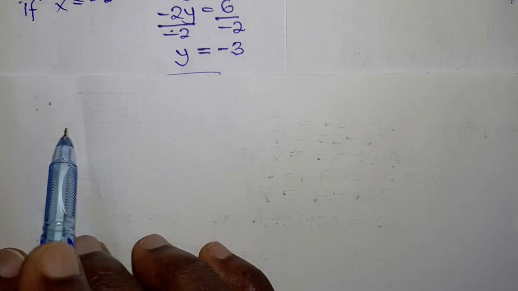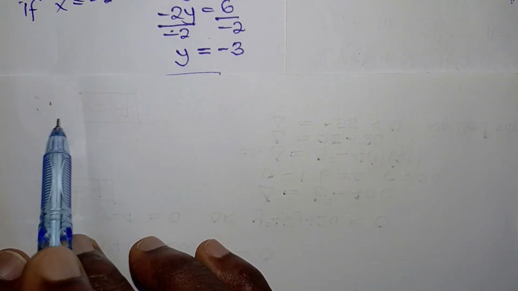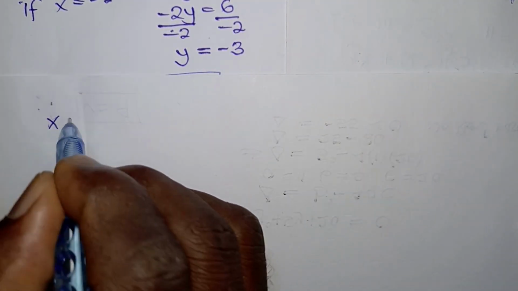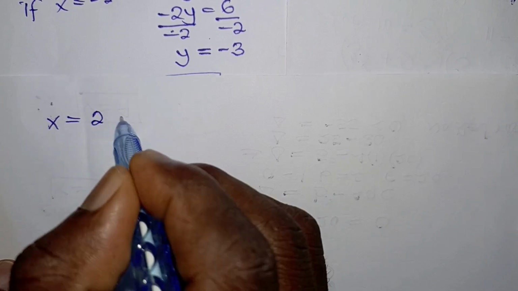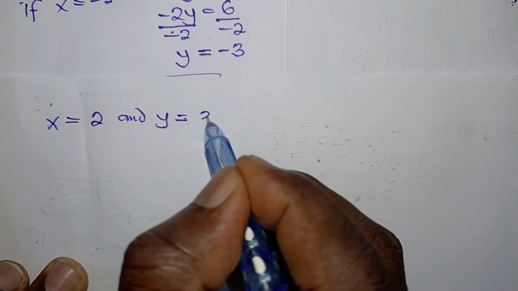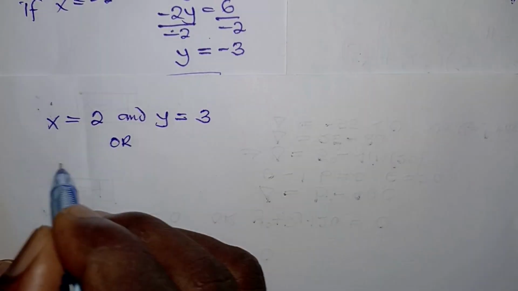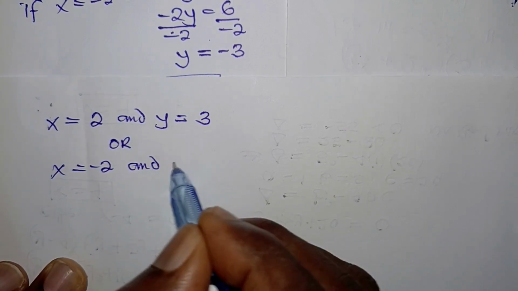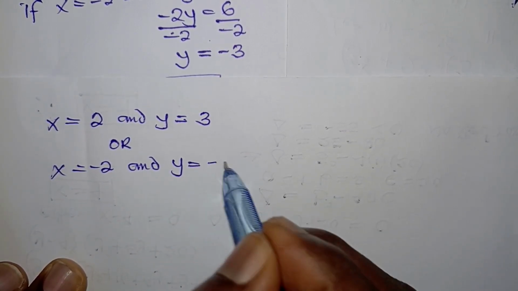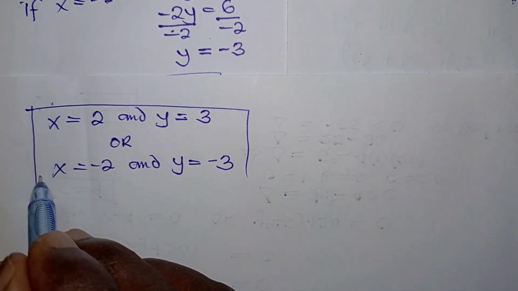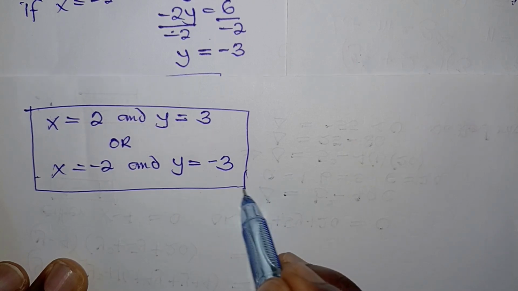So in this scenario, we have two pairs of solutions, which are x equals 2 and y equals 3, or x equals minus 2 and y equals minus 3. These are the solution sets to the equation.